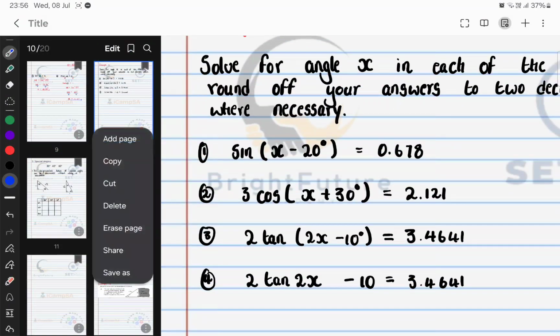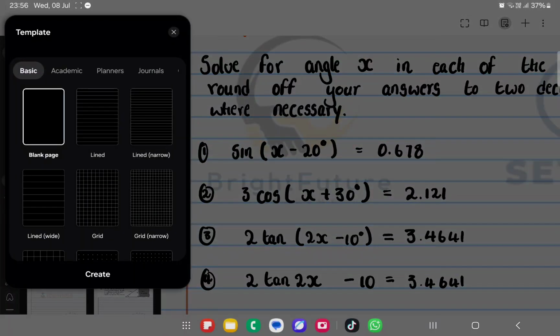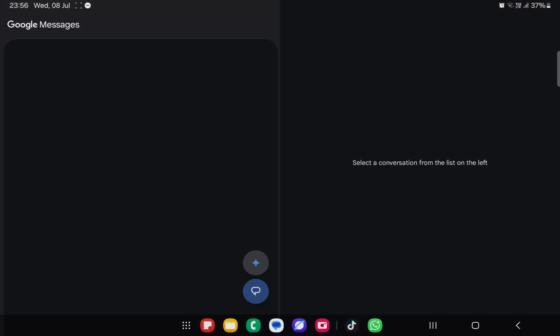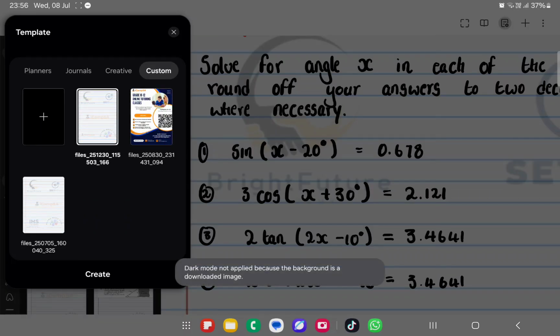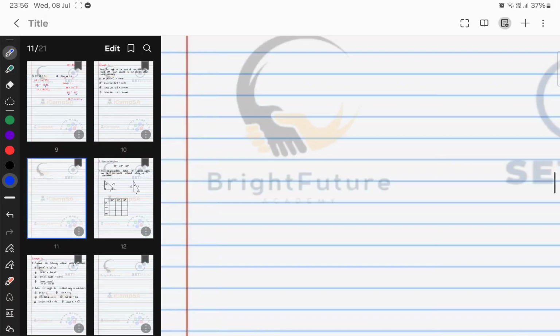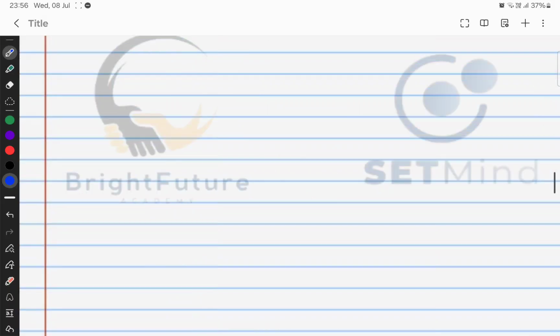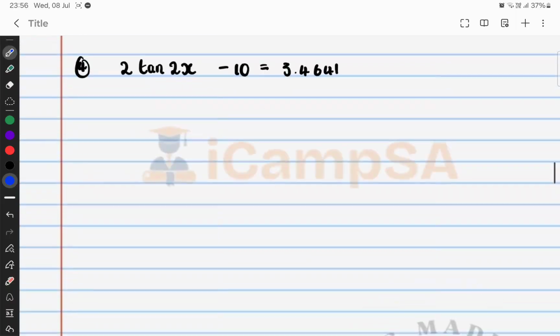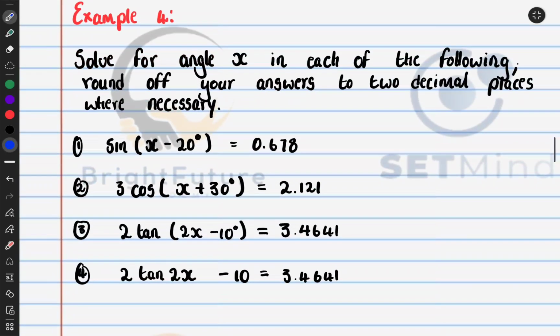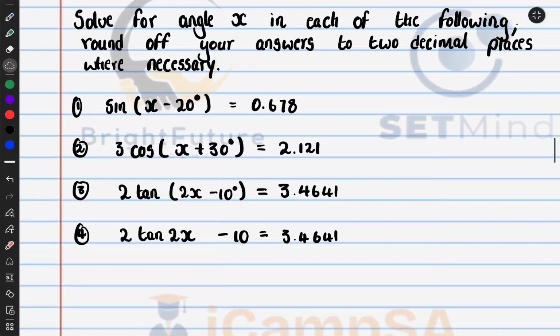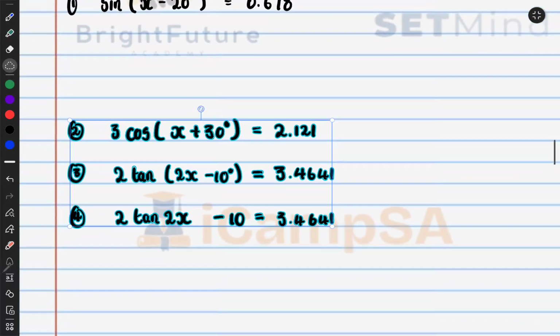I suspect we're gonna need a page. Okay, so that is example number 4. We are solving for x now, angle x.